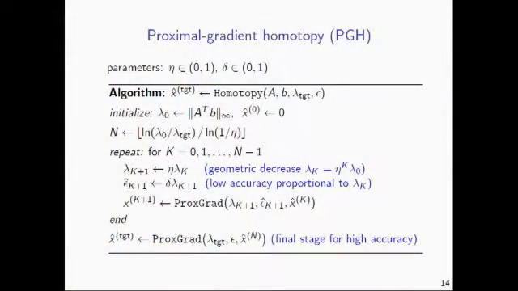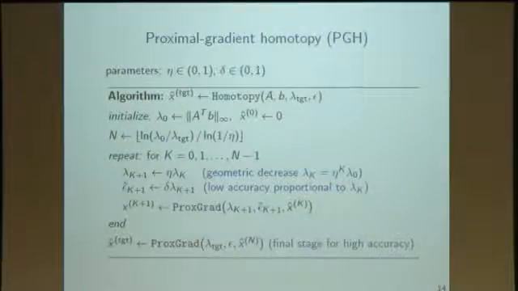Here is the proximal gradient method with homotopy. You have two parameters based on that idea, both within 0 and 1. You initialize your problem with a lambda that ends up with a zero solution. Then you reduce your lambda by a constant factor, eta. This is the number of outer iterations you need to run.